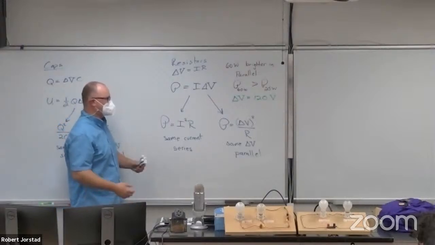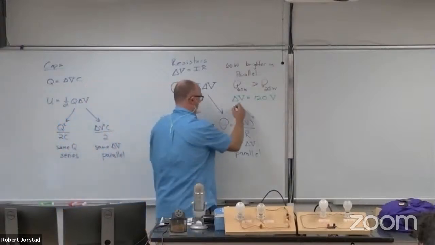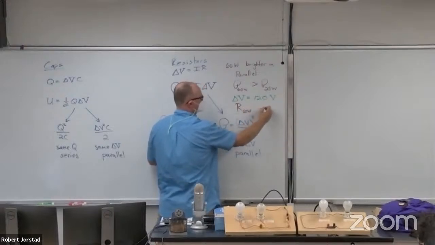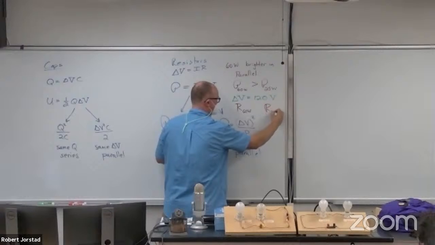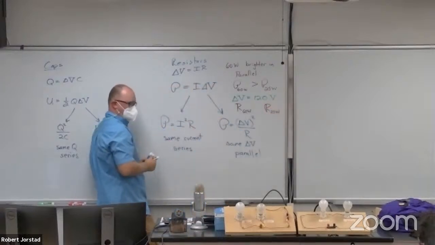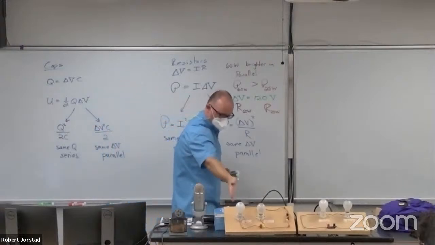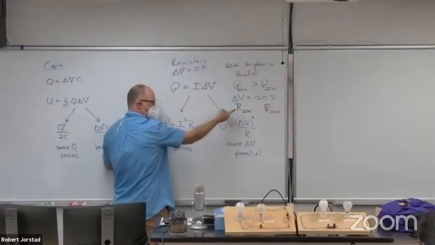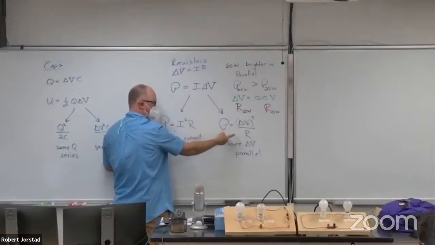Huh, what does that tell me about the resistance of the 60 watt versus the resistance of the 25 watt? Use this result. Don't they have the same voltage because they're in parallel? Are they equal?